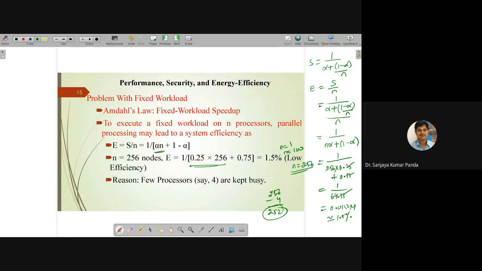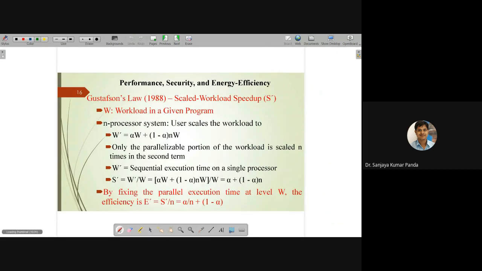Another one: when you move from a fixed workload to a scaled workload, you have to go for another law, which was developed in 1988. It is a very famous law called Gustafson's law. Here let us consider W as the workload in a given program.